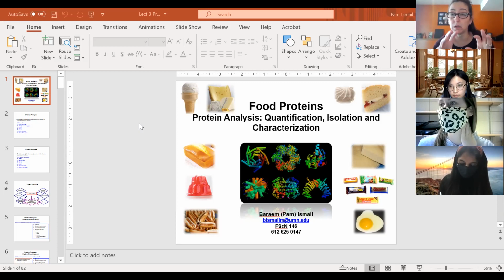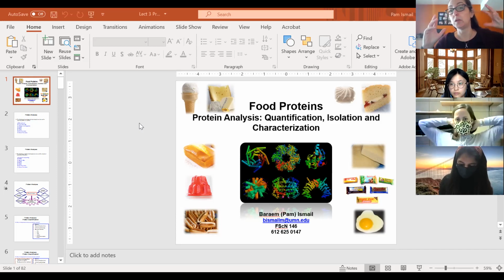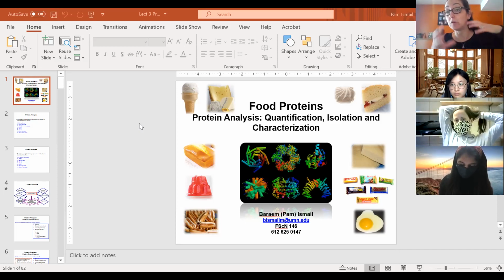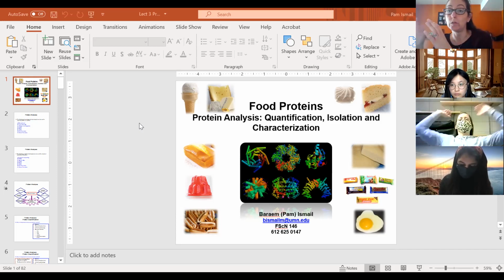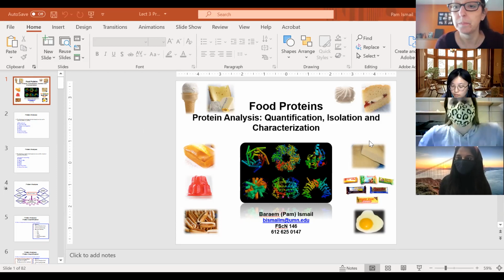But for this particular section, we will focus on quantification, purification, and isolation for different purposes, and then characterization of structure. Okay, so again, think about this protein course as a puzzle. So we learn pieces and then we put them all together at the end and understand why we need to know these different pieces.